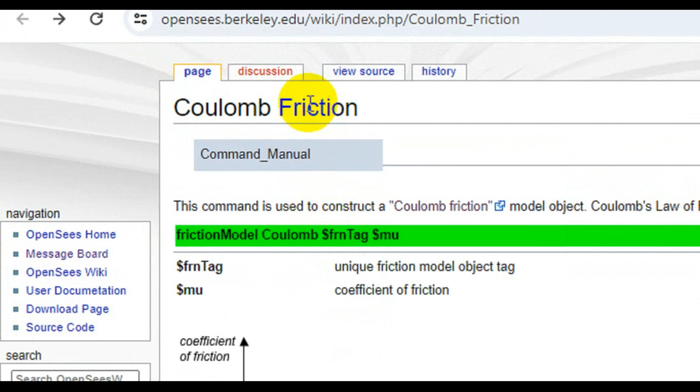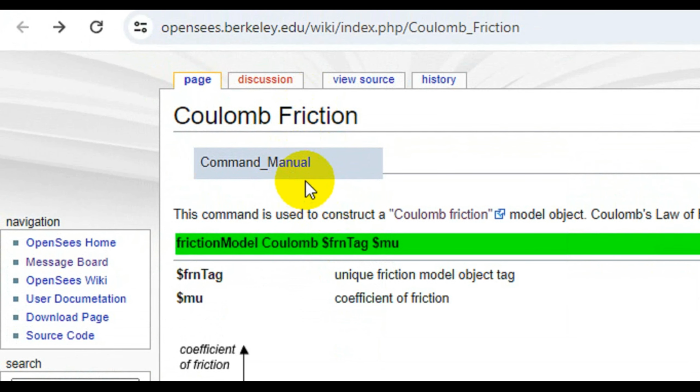Basically, this command window that we are using here is from the OpenSees documentation, and we need to understand what this model actually is and what it represents in OpenSees.